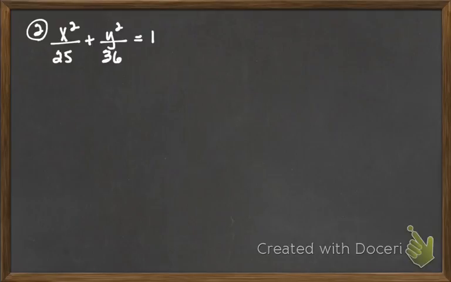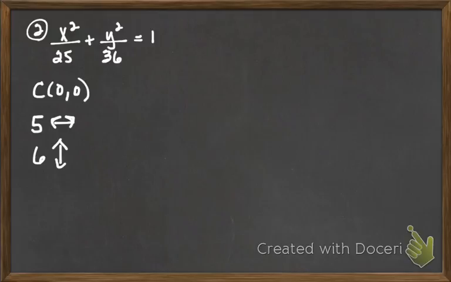So what's the center of this ellipse? 0, 0. Square root of 25 is 5. It's underneath the x squared, so I move 5 units left and right. Then I take the square root of 36, which is 6. And because it's underneath the y, that's how many units I move up and down. And then I'll sketch my ellipse.